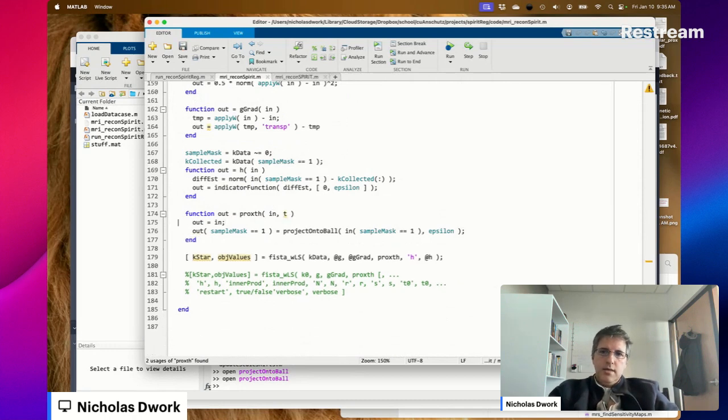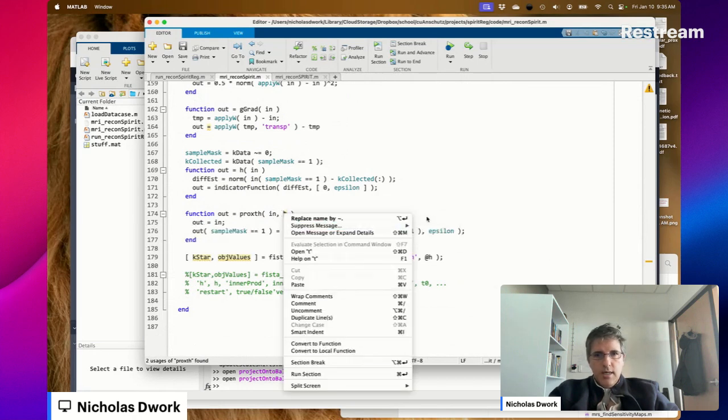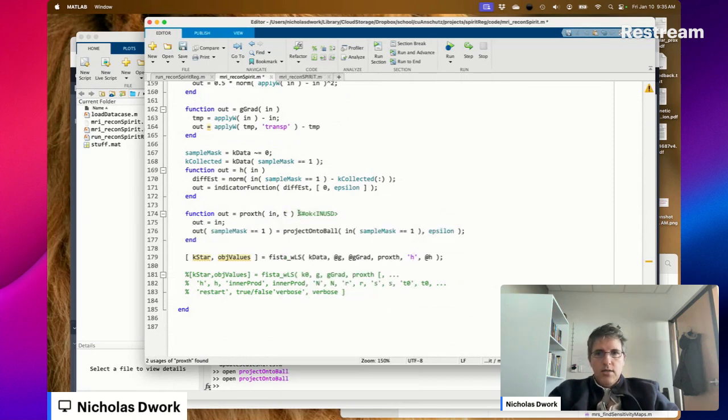I think that's the answer. T is not used, and that makes sense. T is not used with a projection, but we're still going to keep it as an argument because FISTA assumes you're supplying a function prox th that accepts 2 arguments, where the second argument is the scaling parameter.